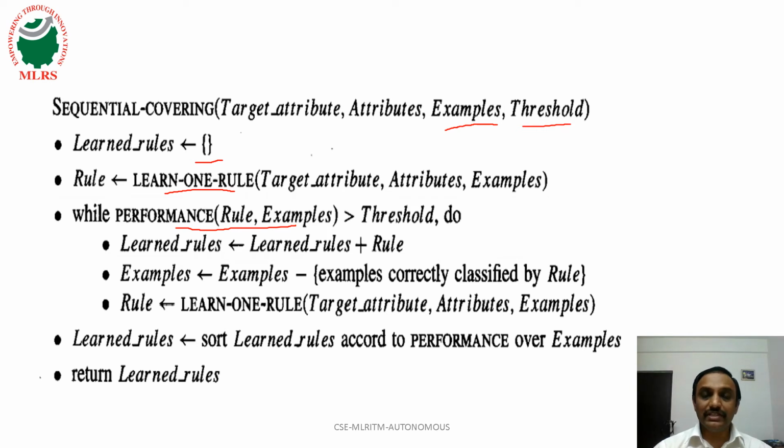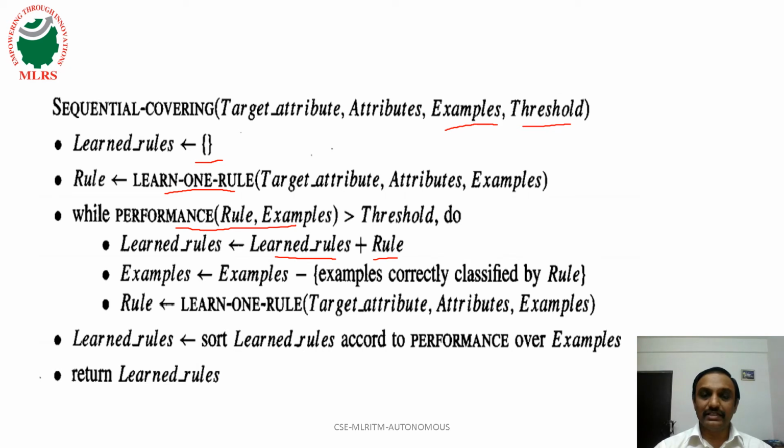If this condition is satisfied, we add that rule to our learned rules. After taking that rule into our learned rules, we have to update our data. That is, we have to update our examples, removing from the examples those which are covered by the already considered rule.